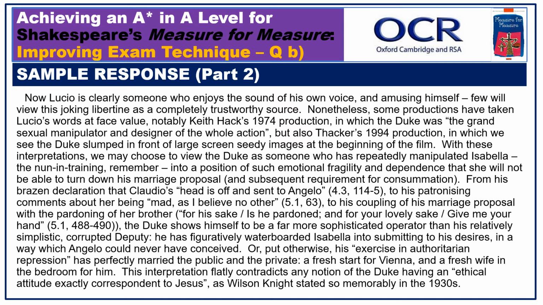Or put otherwise, his exercise in authoritarian repression has perfectly married the public and the private: a fresh start for Vienna and a fresh wife in the bedroom for him. This interpretation flatly contradicts any notion of the Duke having an ethical attitude exactly correspondent to Jesus, as Wilson Knight stated so memorably in the 1930s.